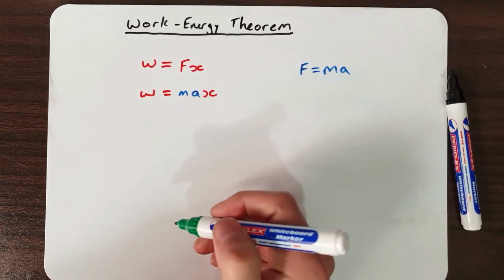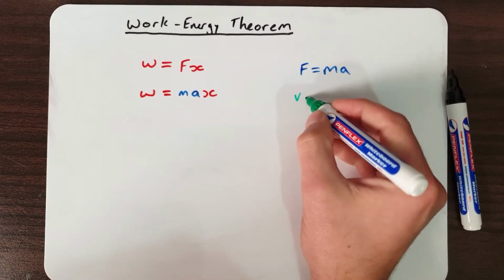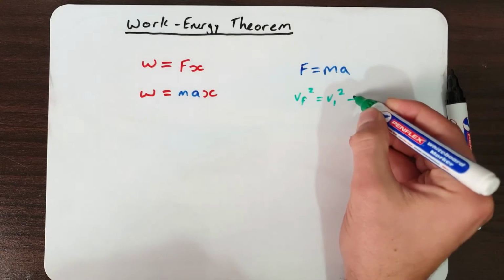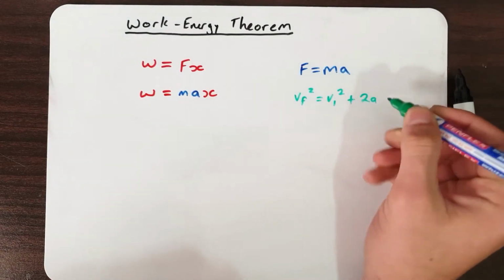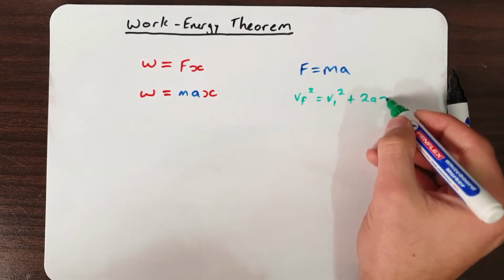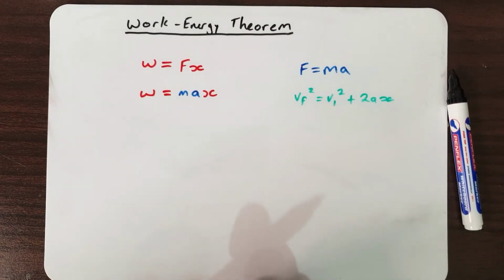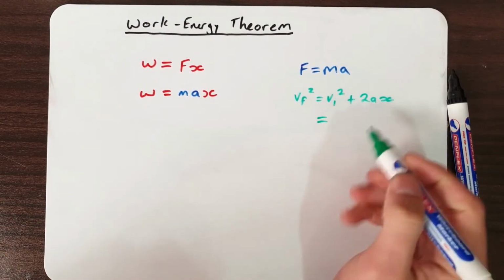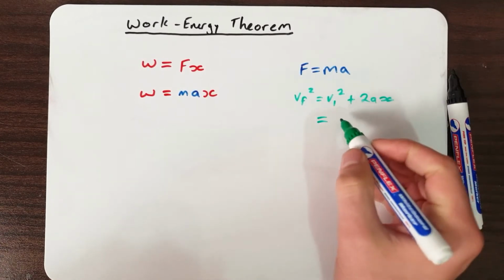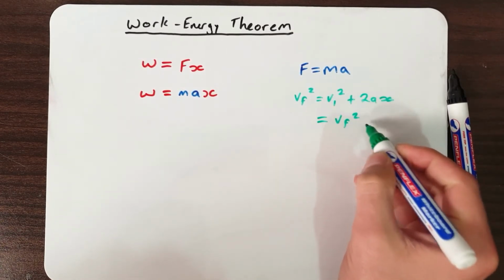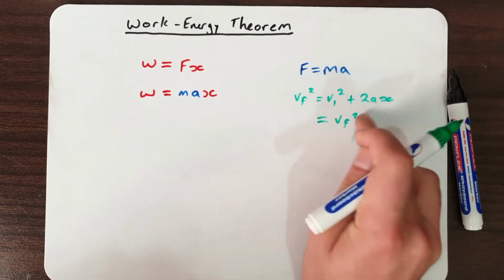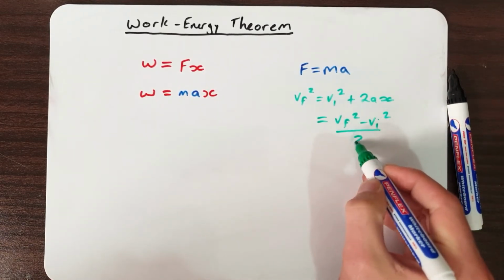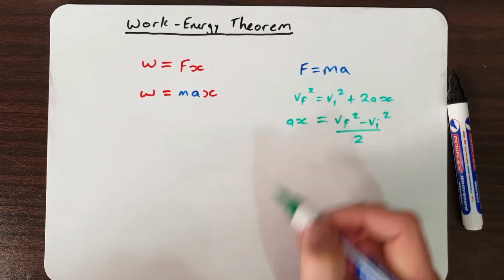Now, a and x, we can get that from kinematic equations, where the final velocity squared is equal to the initial velocity squared plus 2ax. So if we manipulate this around, we can get that to be vf squared minus vi squared, divided by 2, is equal to ax.